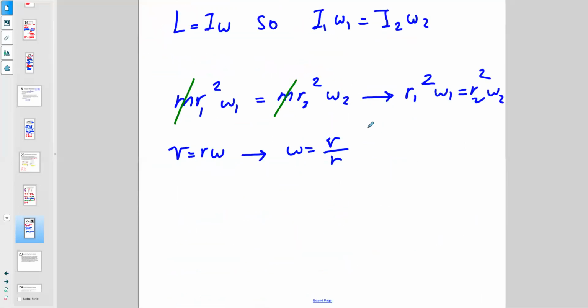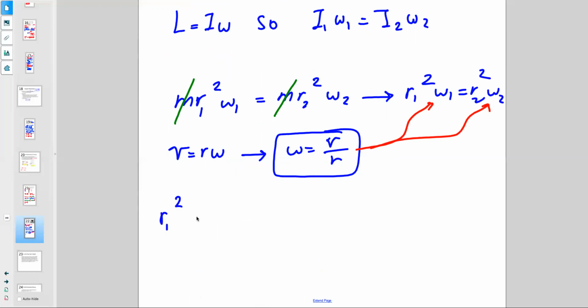So in other words, I can use this right here and right here. Okay, so I have r1 squared. Instead of omega, I'm going to use v over r. I have v1 over r1 being equal to r2 squared v2 over r2.